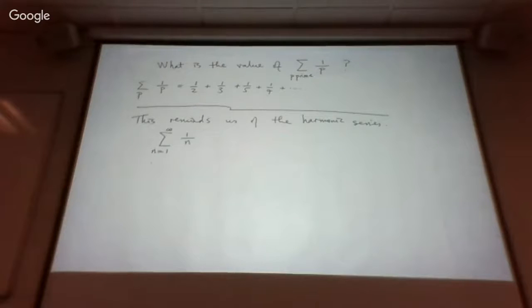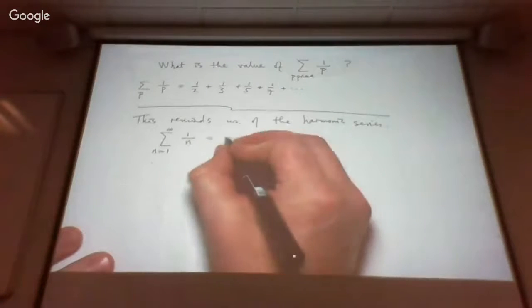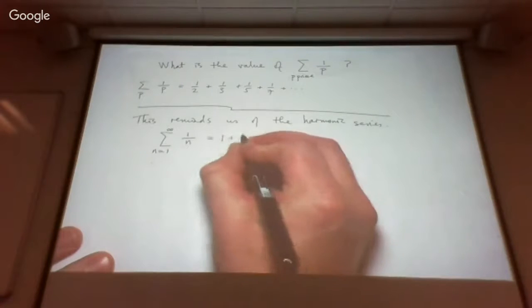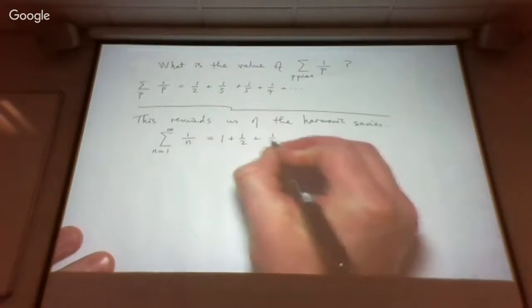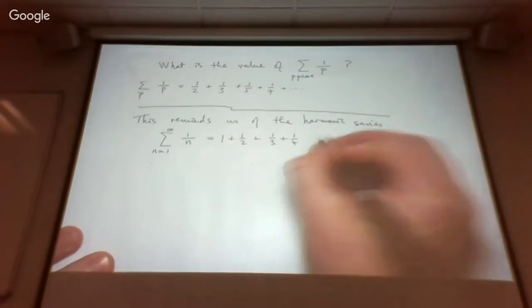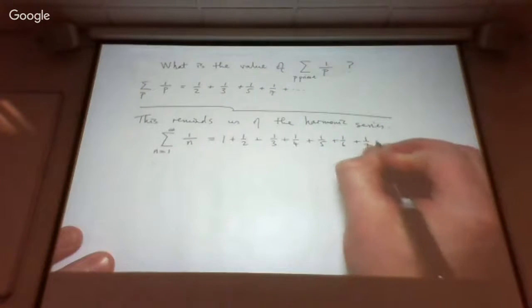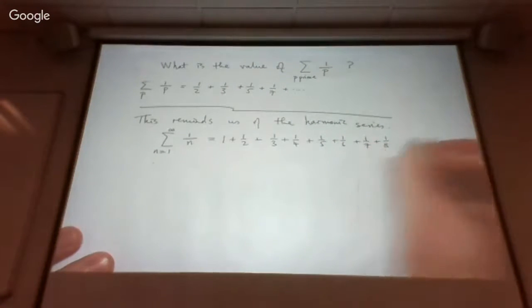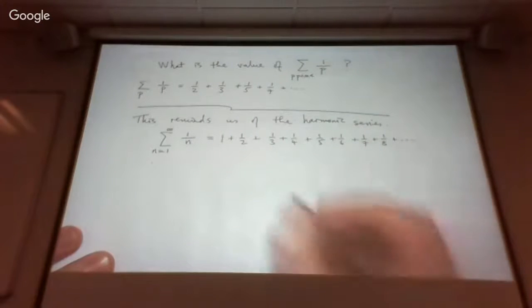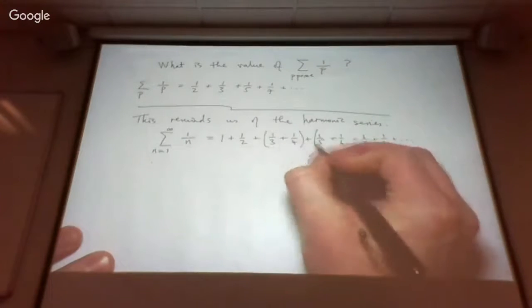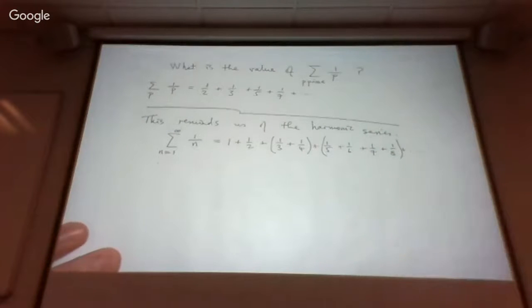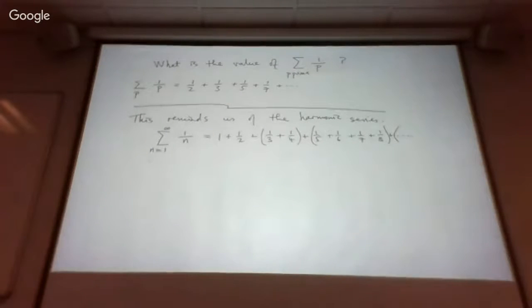Now, what did we find out about this series? We proved that this series was a divergent series. One quick way you can see this: this is what the series looks like, and we had a quick argument for this, based on bracketing the terms, grouping the terms together.